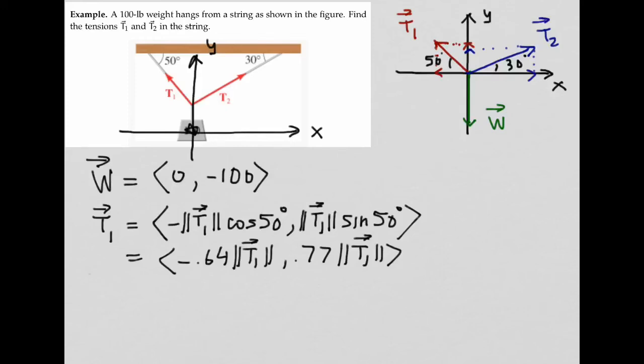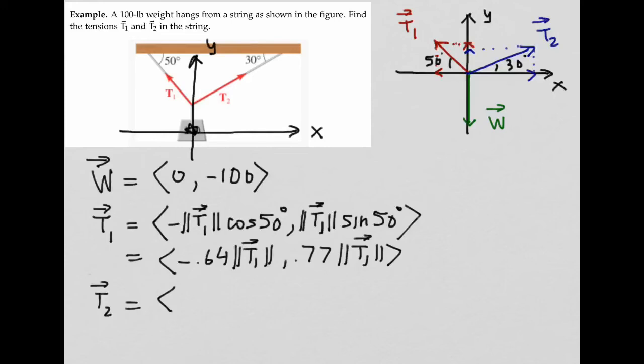Now let's look at the components of T2. Notice that both the x and y components are positive in this case. The first component is the signed magnitude of the projection of T2 onto the x-axis, and the second component is the signed magnitude of the projection of T2 onto the y-axis.